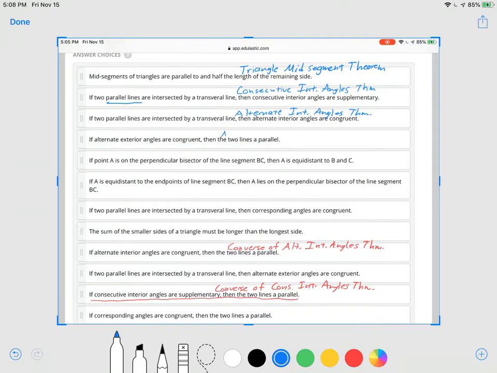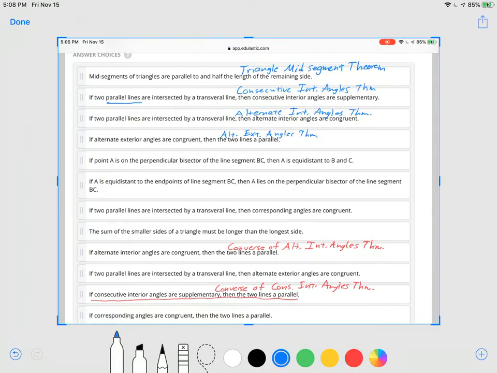So this is the alternate exterior angles theorem. Let's find its converse. I don't even see it right here. Well, let's just keep going then.